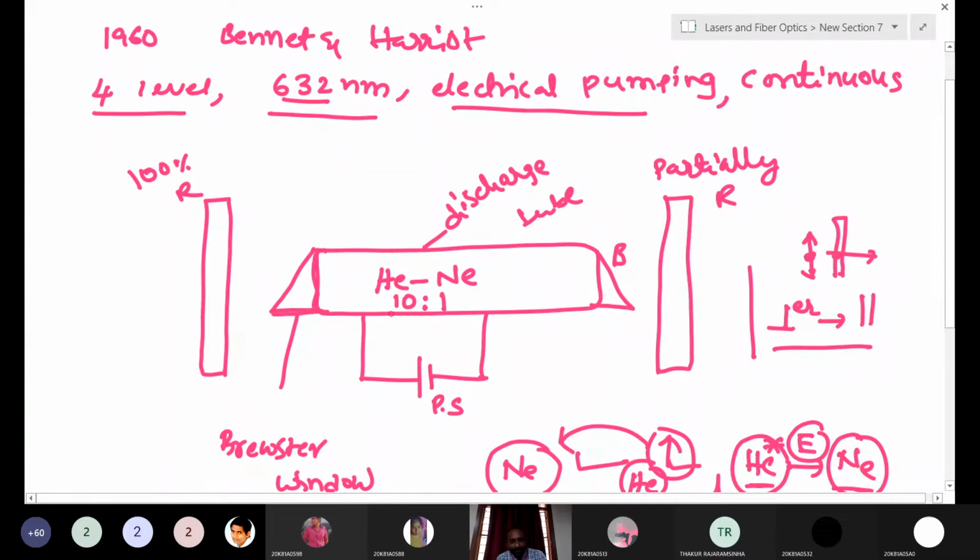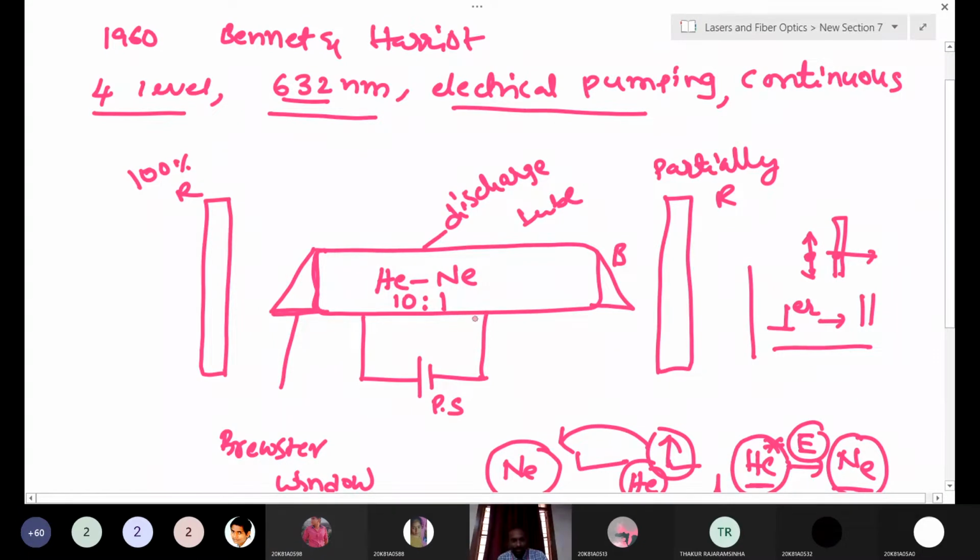So these excited helium atoms will interact with ground state neon atoms, and during this collision, helium atoms give energy to neon atoms.